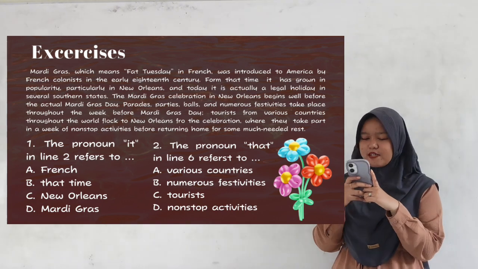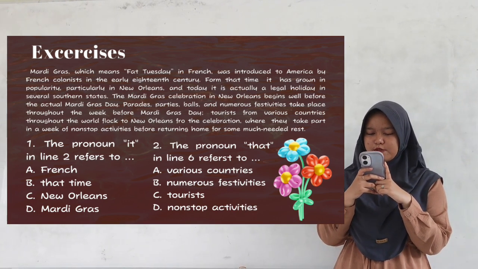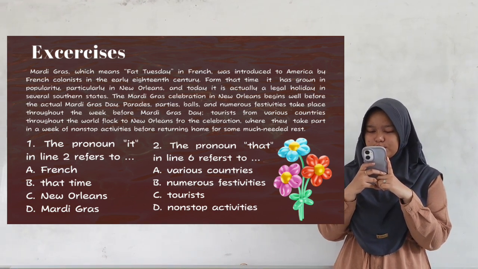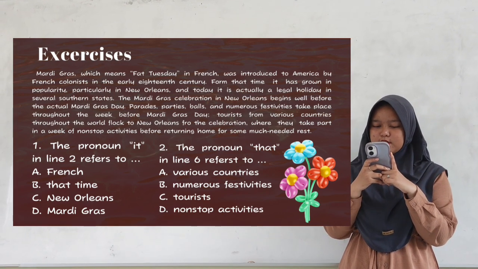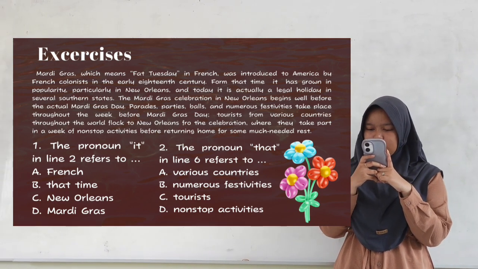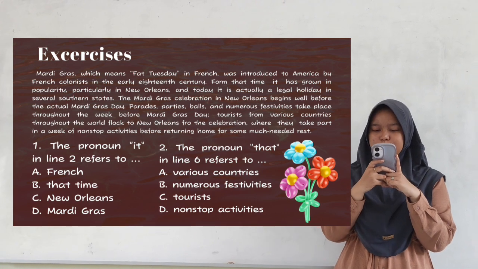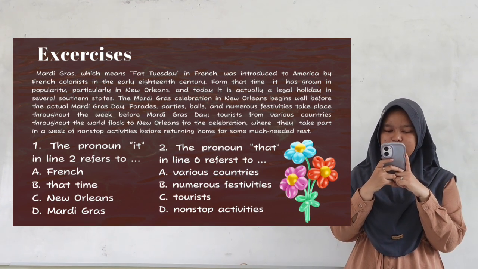Exercises. Mardi Gras, which means Fat Tuesday in French, was introduced to America by French colonists in the early 18th century. From that time, it has grown in popularity, particularly in New Orleans, and today it is actually a legal holiday in several southern states. The Mardi Gras celebration in New Orleans begins well before the actual Mardi Gras Day.